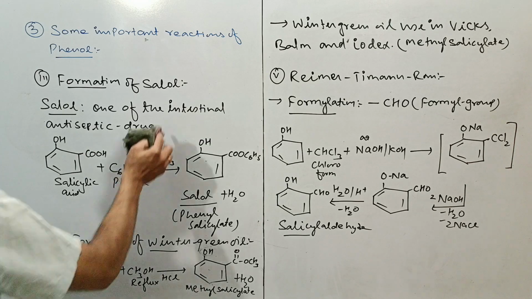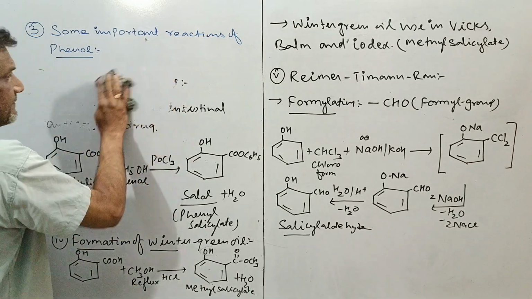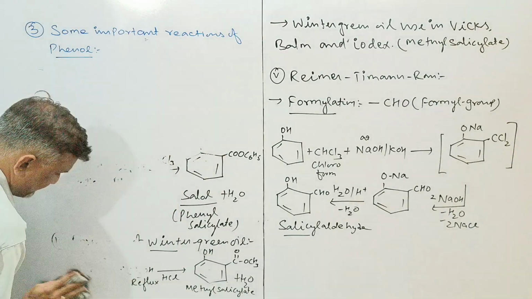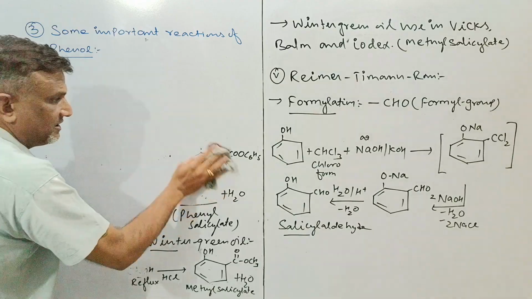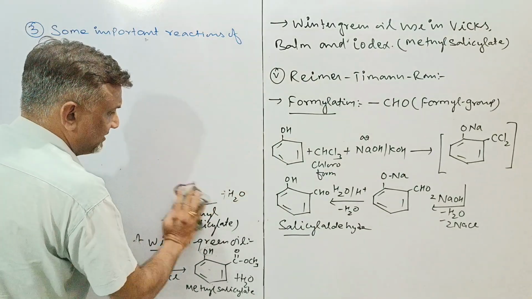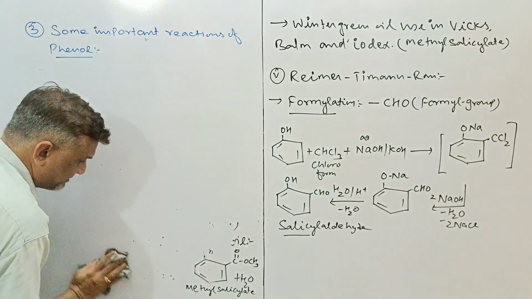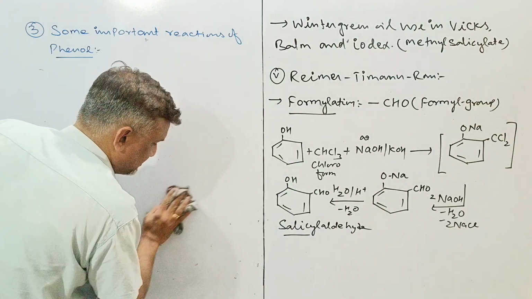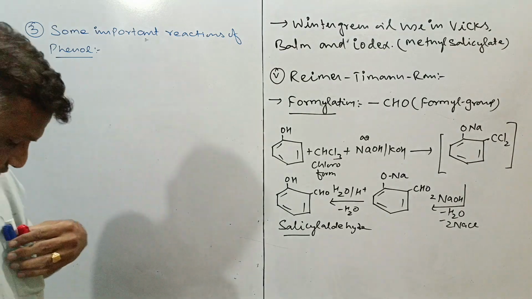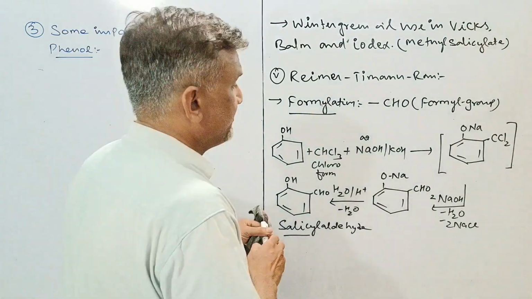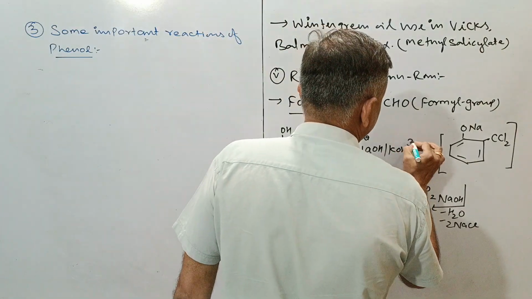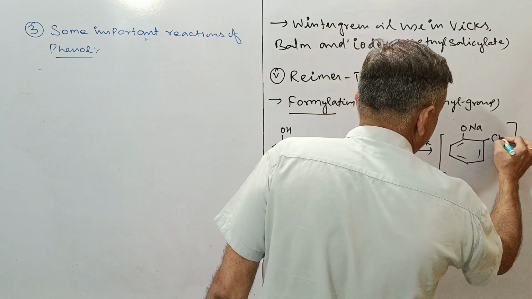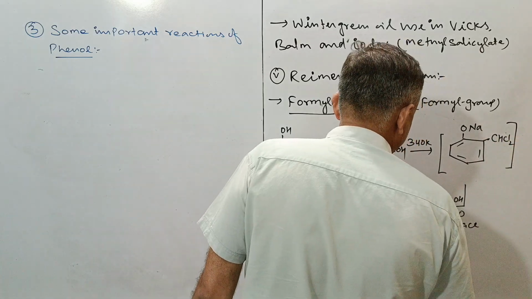Now it's time to discuss further and see the difference between Reimer-Tiemann formylation and Reimer-Tiemann carboxylation. You can see it by the reaction itself. We can take a 340 Kelvin temperature, and here is your CHCl3, with HCl.